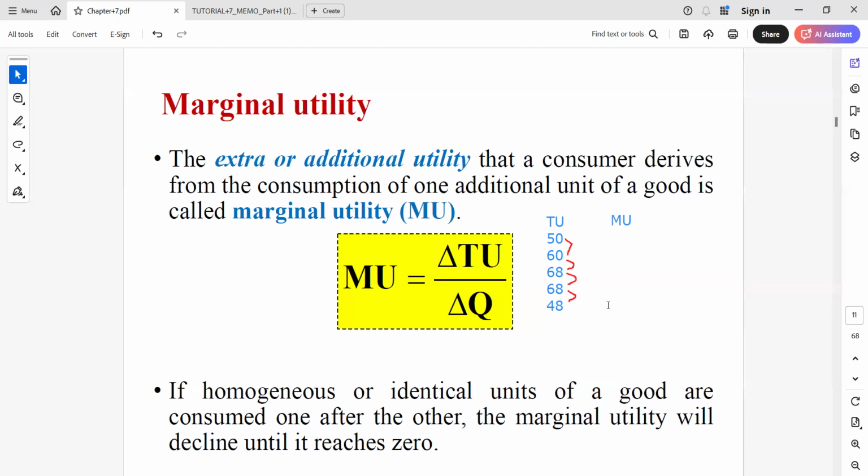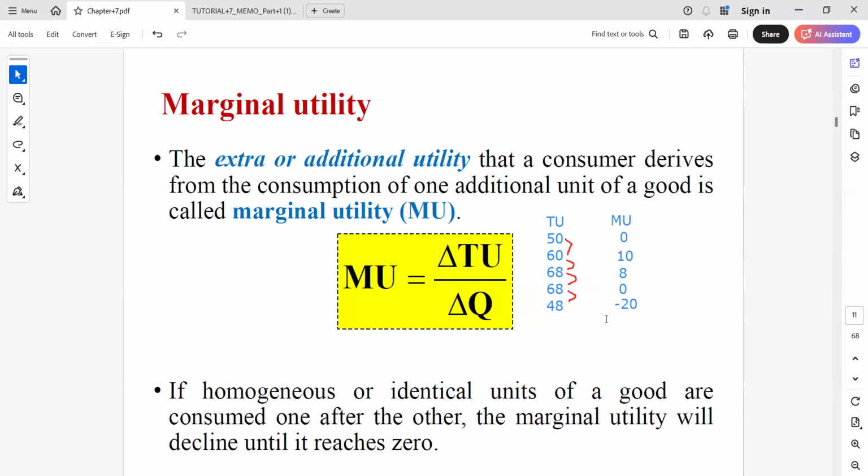So we're going to say 48 minus 68, you get negative 20, and then 68 minus 68 is 0, and then 68 minus 68 again 0, and then 60 minus 50, that is 10, and then 50 minus 0, that's 50.